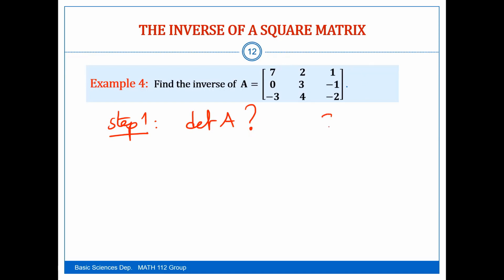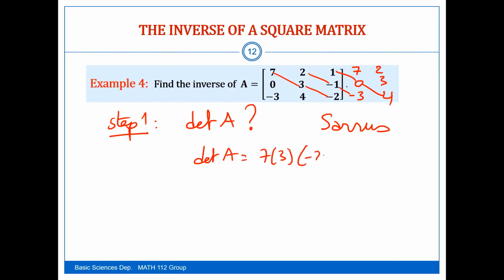We use Sarrus, for example. What does Sarrus say? I repeat the first column and the second column and I multiply the diagonals in this way. So the determinant of A will be 7 times 3 times -2, plus 2 times -1 times -3, plus 1 times 0 times 1.